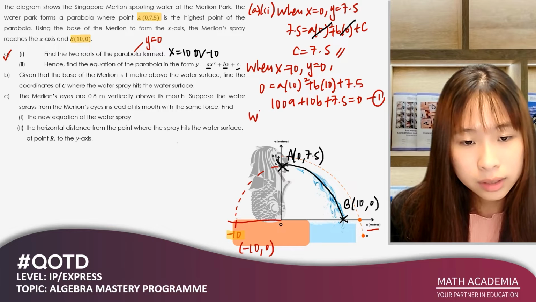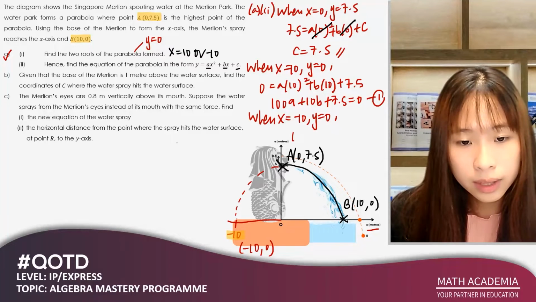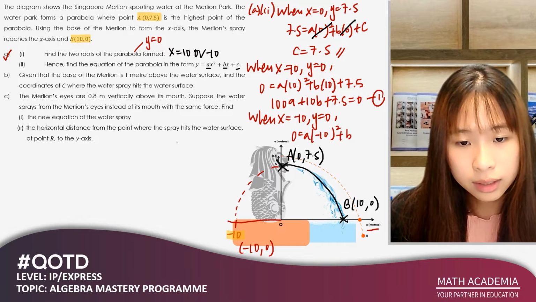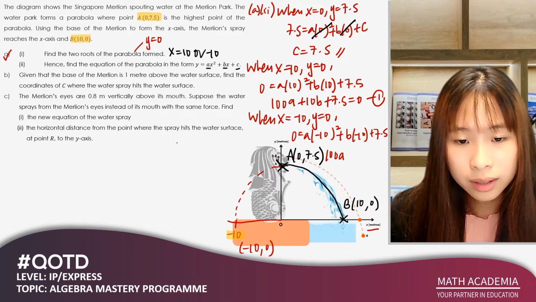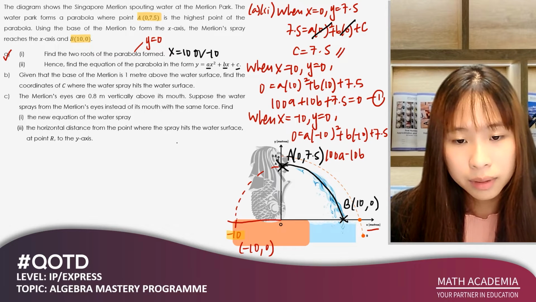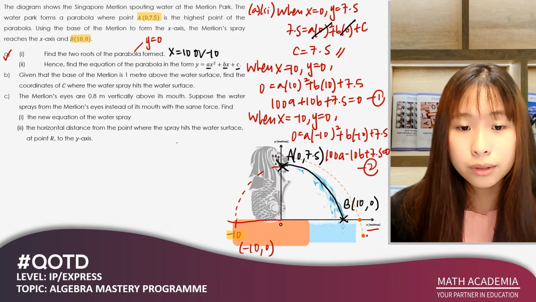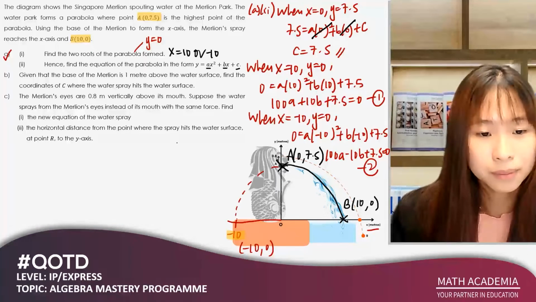Subbing the last point, when x equals negative 10, y equals 0, 0 equals a times negative 10 squared plus b times negative 10 plus 7.5. Simplifying this, I get 100a minus 10b plus 7.5 equals 0, which is equation 2. To find a and b, I need to solve these equations simultaneously.